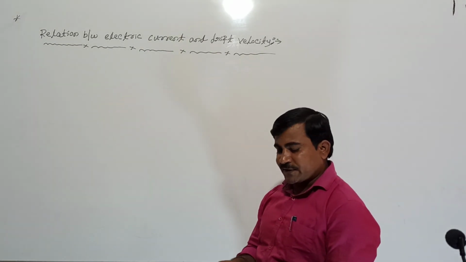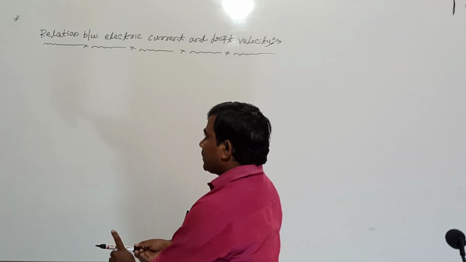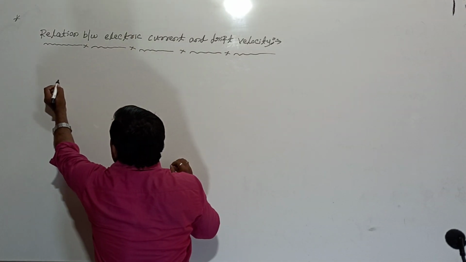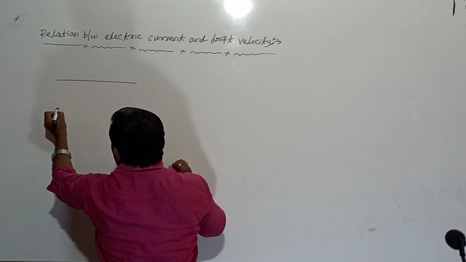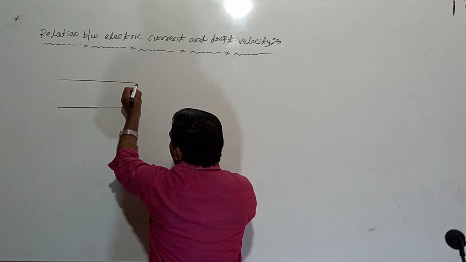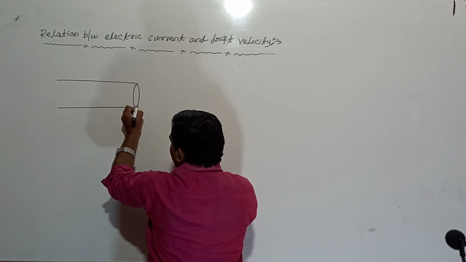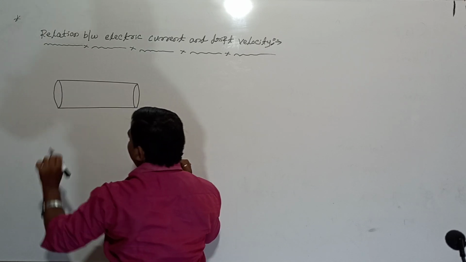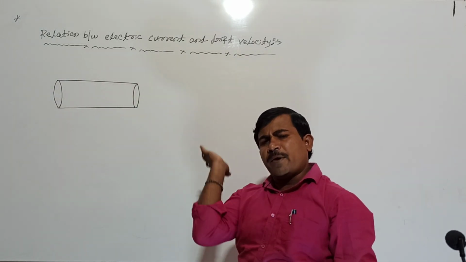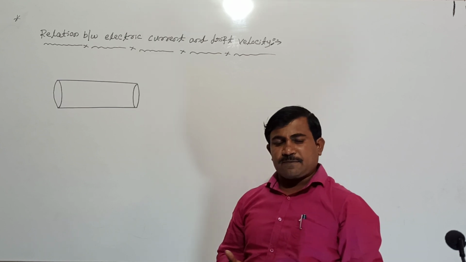To understand this concept, let us take a conductor. Students, it is a conductor. This conductor may be of uniform cross section or non-uniform cross section. In this conductor, a large number of free electrons are available.